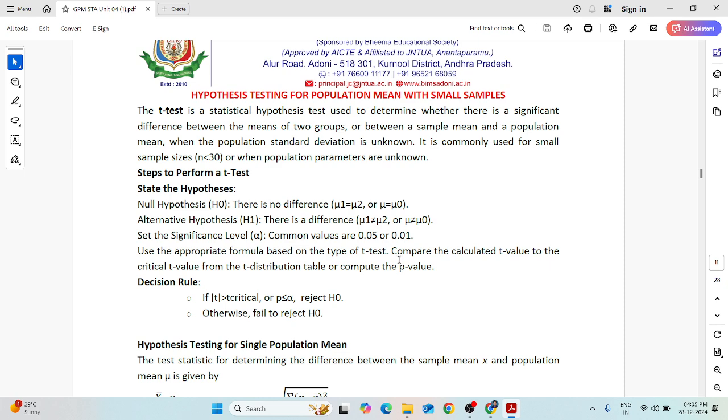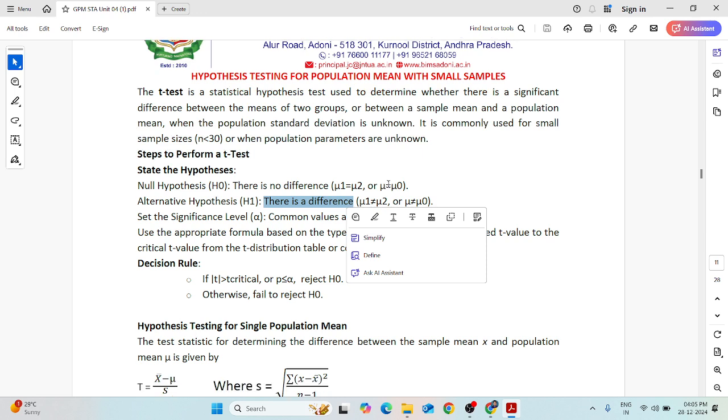When we are taking small samples, we use the student t-test, which we use to determine whether there is a significant difference between the means of two groups or not. The null hypothesis is that there is no difference, mu1 is equal to mu2; the alternative is that there is a difference. Small samples means less than 30.